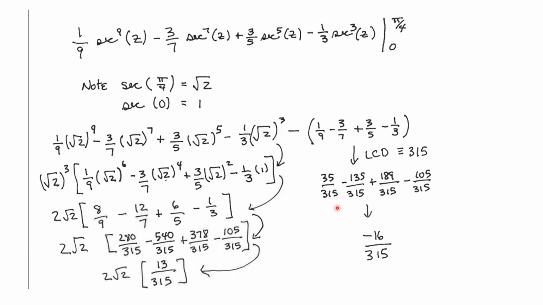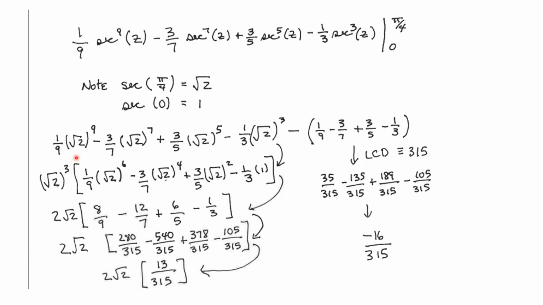And so when you correct all that, you'll get 35 over 315 minus 135 over 315 plus 189 over 315 minus 105 over 315. And if you do all that calculation for this part, you will get minus 16 over 315. Now that's what's inside the parentheses. We'll deal with this minus a little bit later.